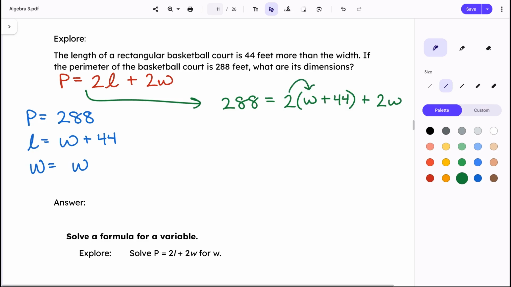I'm going to distribute over here. So that becomes 2W plus 88. So I've got 288 equals 2W, or 4W now, plus 88.